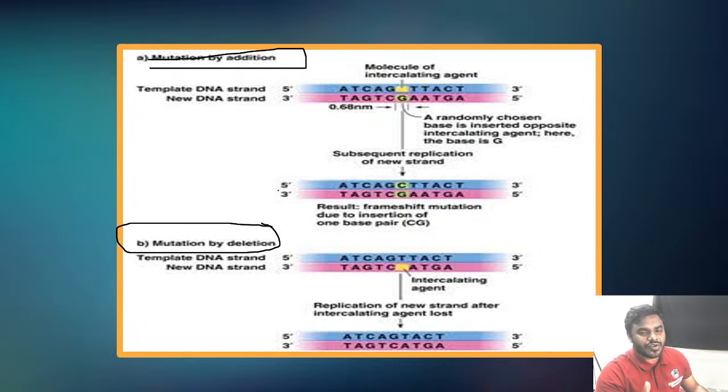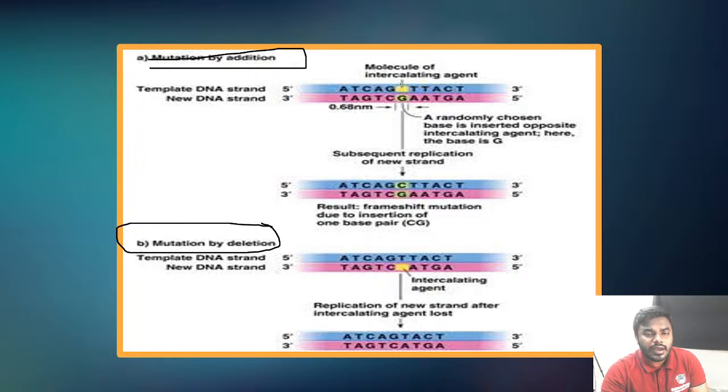Which means that, friends, let me tell you in a simple way. How the intercalating agents cause the mutation, we will read in the genetics chapter. In the genetics chapter there is also a sub chapter called mutation, so when we read those mutations, we will understand this elaborately. All of you listen to me very carefully, friends.